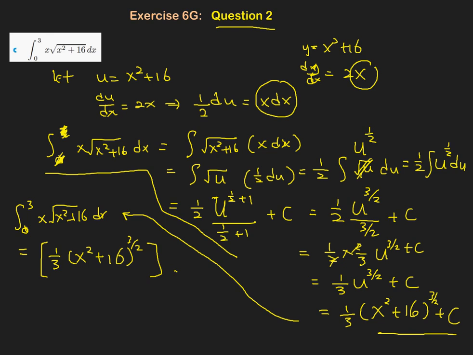You write 0 and 3 here, and now you're ready to substitute whatever here. 3 squared plus 16, to the power 3 over 2 minus 1/3, now 0 squared plus 16, to the power 3 over 2.